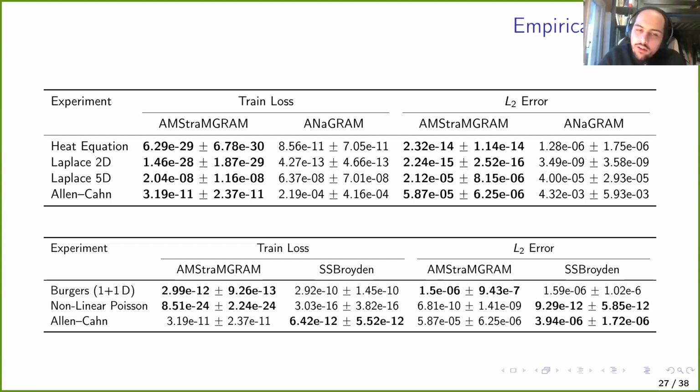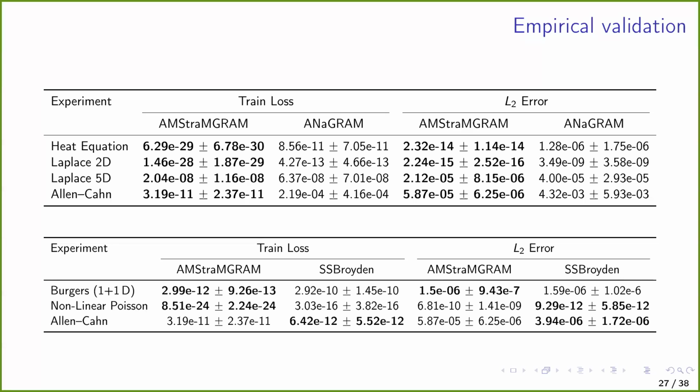Also, here we didn't really play with the architecture. It's pure, I think, a 3-4 layer MLP in general. The architecture for all comparisons is the same, right? So for AMStraGRAM and SS-Broyden, you use the same architecture or not?